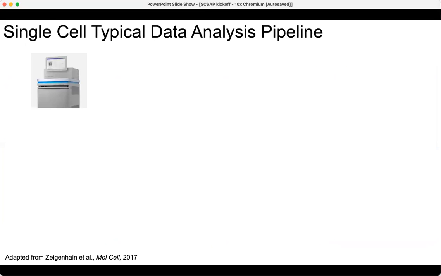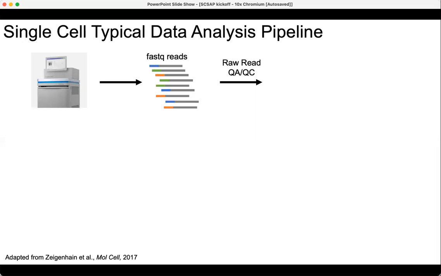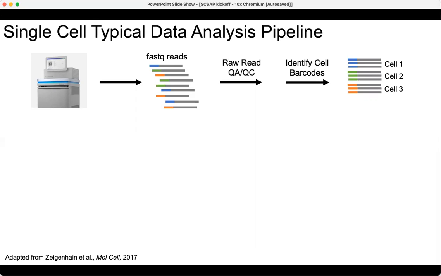And so you might wonder what a typical single cell data analysis pipeline looks like after all of this data comes back from the sequencer, right? So we get a series of FASTQ reads. Remember, these are going to be barcoded by each cell. We're going to undergo some QA and QC on that read quality, and then sort each cell out based on those cell barcodes, right?